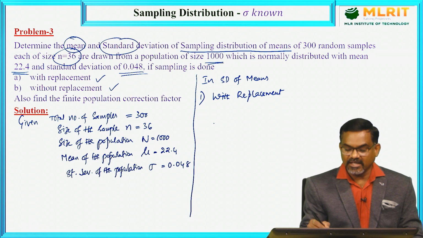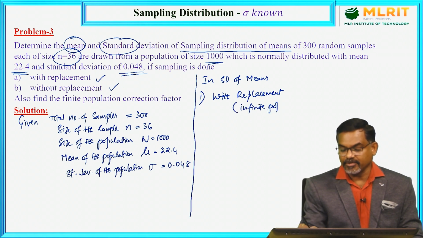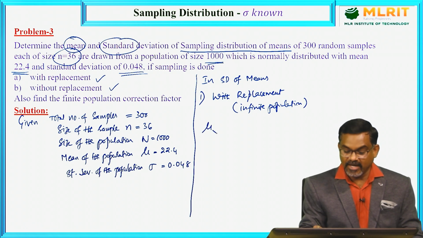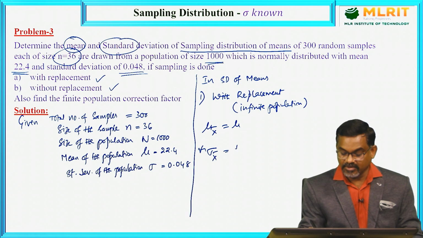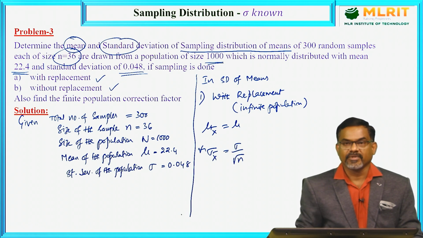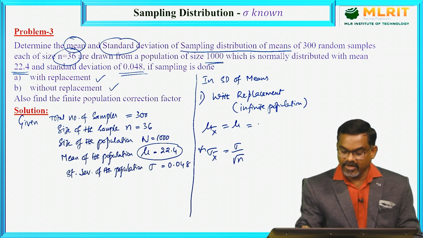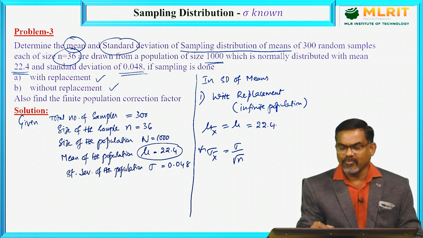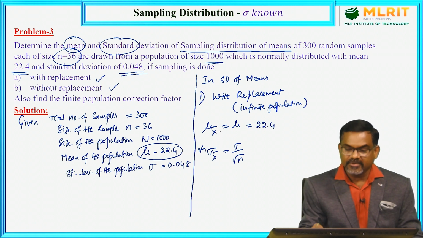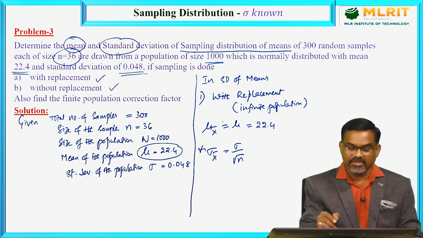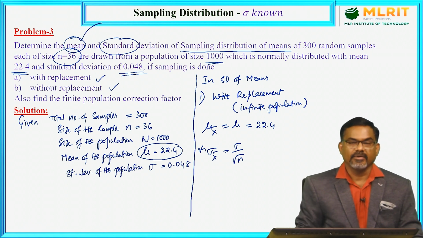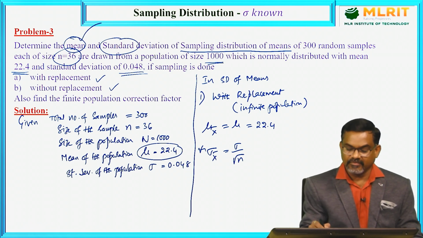So in the case of infinite population, mu x bar is equal to mu and sigma x bar is equal to sigma by root n. So what is the mean given in the problem? 22.4. So mu x bar is 22.4, and what is mu x bar? The mean of sampling distribution of means, which is the required one in the first case, with replacement.